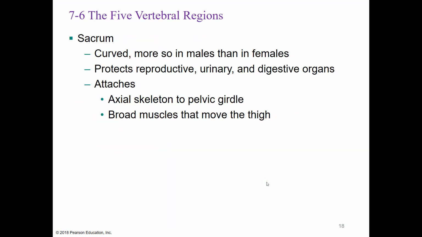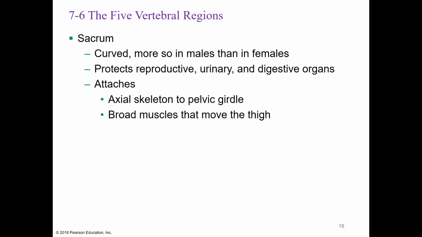Okay, so the sacrum, which is underneath the lumbar vertebrae, these are curved more in men than in women. The sacrum is going to protect your reproductive, urinary, and digestive organs, and will attach the axial skeleton to the pelvic girdle. So the pelvic girdle is what's going to help us to make a pelvis, because right now we're just talking about the sacrum.